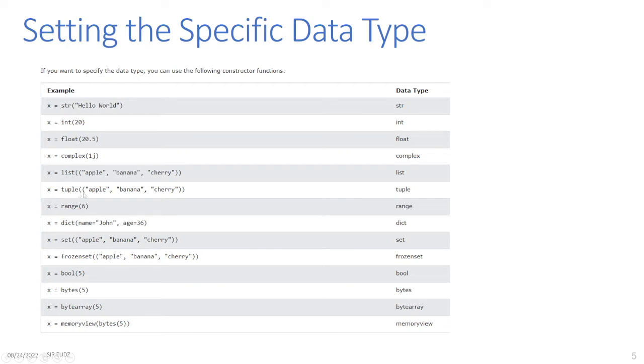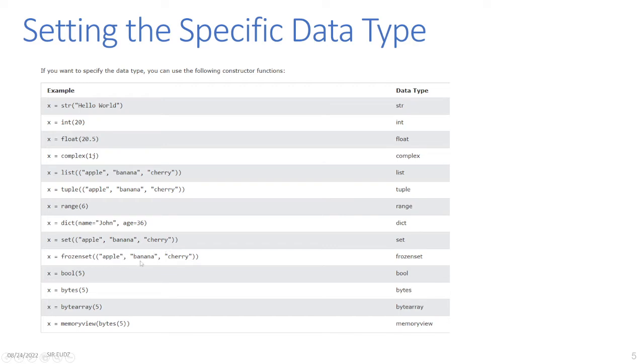Tuple is the same, that will make this list into a tuple. We have range, and dictionary, which will be turned into a dictionary. Then we have set. We did not use curly braces, but we use parentheses. Still, because of this function, this will be stored as a set in Python.